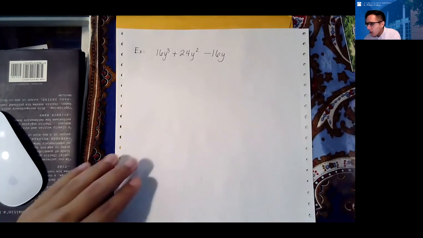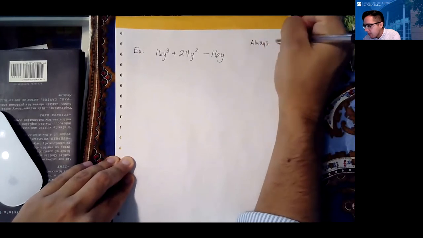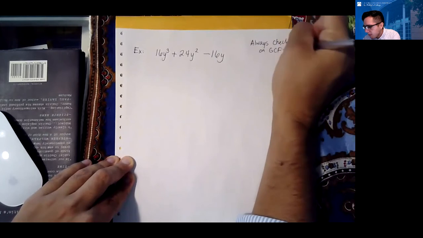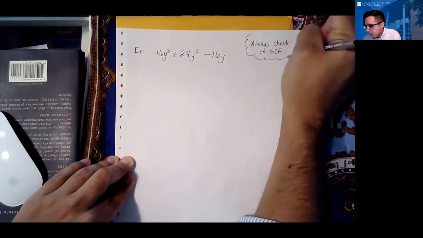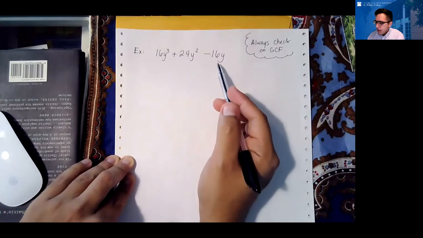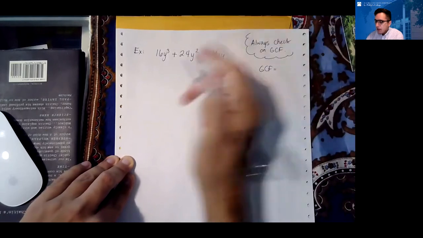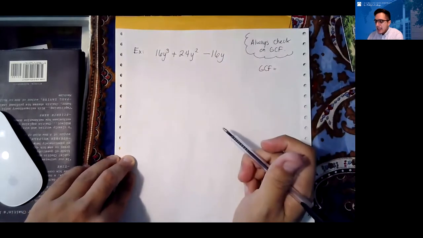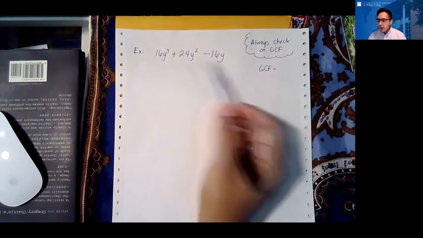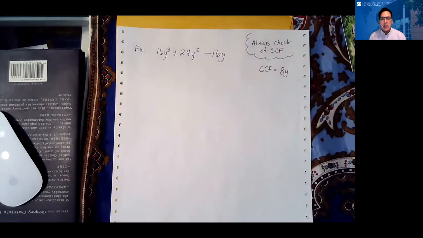Yeah, you should always check to see if there's a greatest common factor. So if I look at all three of these terms, 16, 24, and 16 have a common factor of 8. They also all have a y in common, so 8y is the greatest common factor.